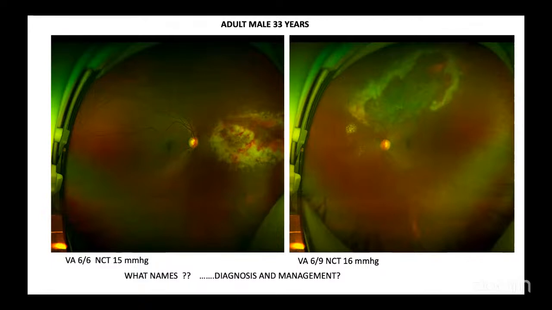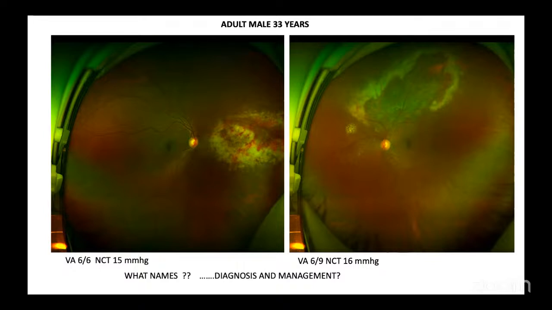It could be, yes. Could be, but is it usually bilateral? No. And what are the features of Coats disease present here? The extensive exudation. So is it exudation or retinal whitening?